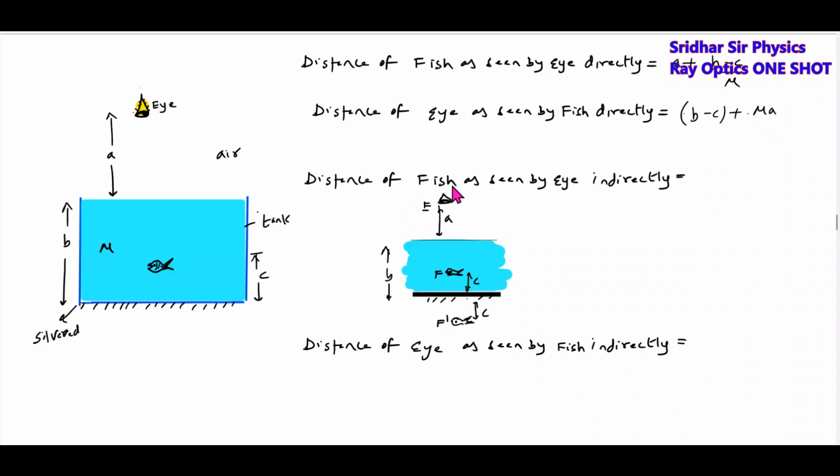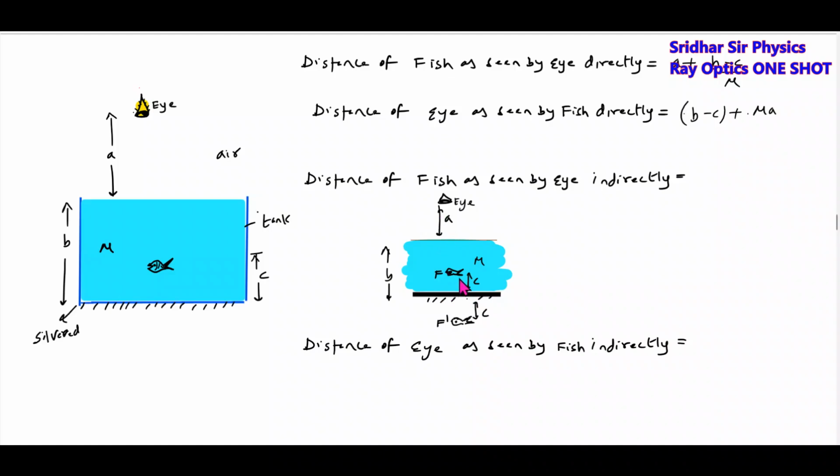Okay, now distance of fish as seen by eye indirectly. What do you mean by this? Actually, what will happen? The rays emitted by the fish will strike the mirror, will undergo reflection, will form the image f dash, and these reflected rays will undergo refraction and enter the eye. Okay, agree with this.